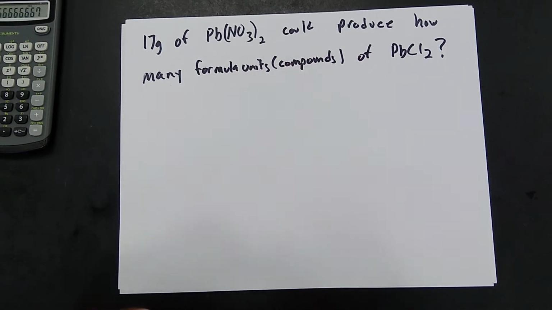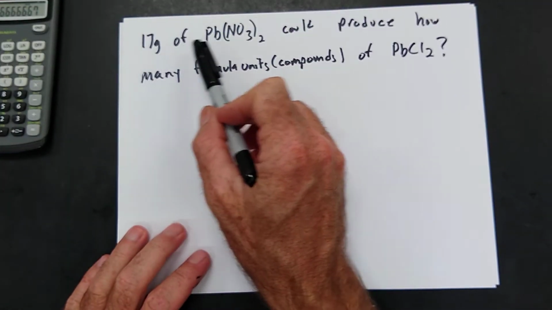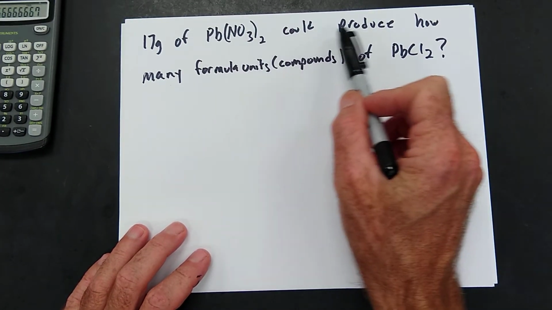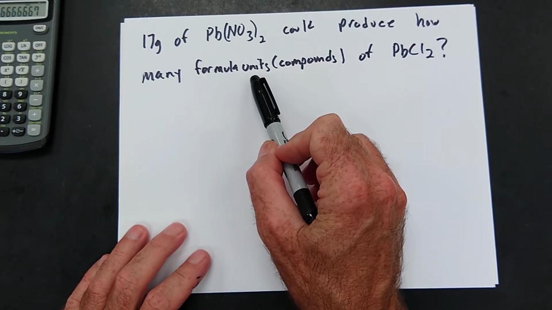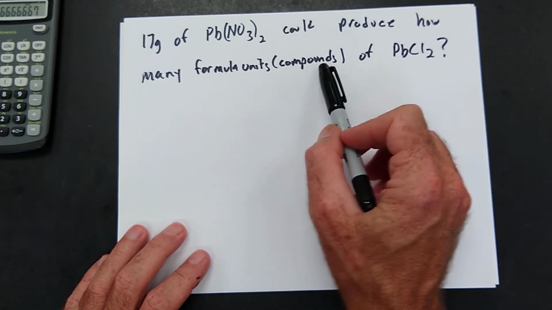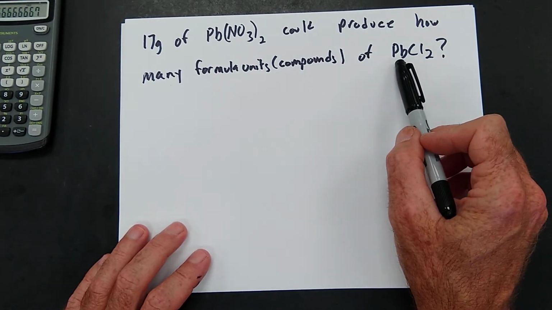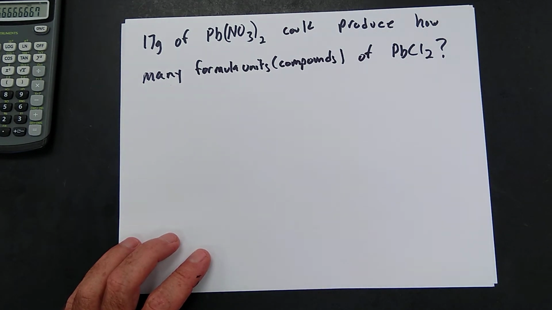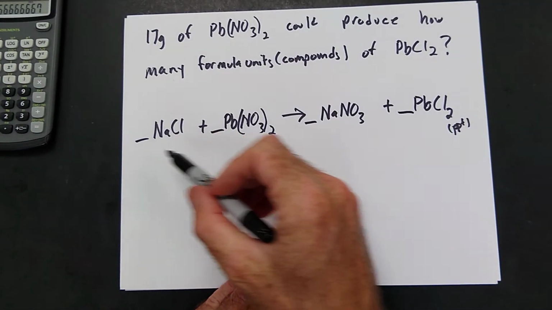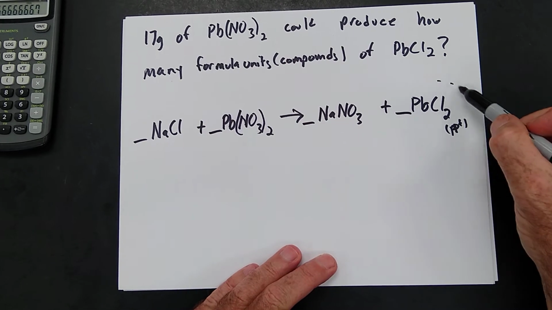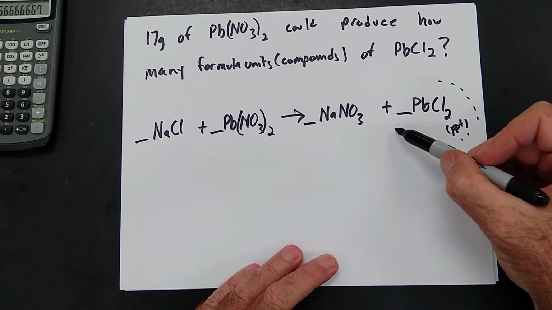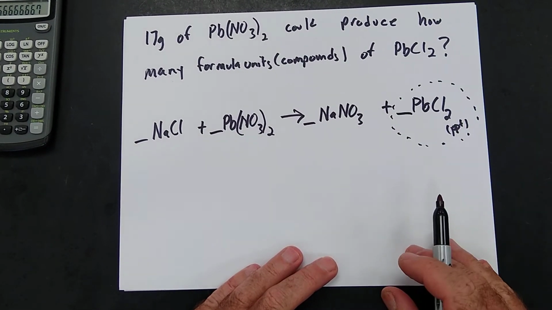Let's read this problem. 17 grams of lead-2 nitrate could produce how many formula units, or that means compounds really, of lead-2 chloride? Look at the equation. So notice lead-2 chloride would be our precipitate. If you look that up, that would be insoluble in water.